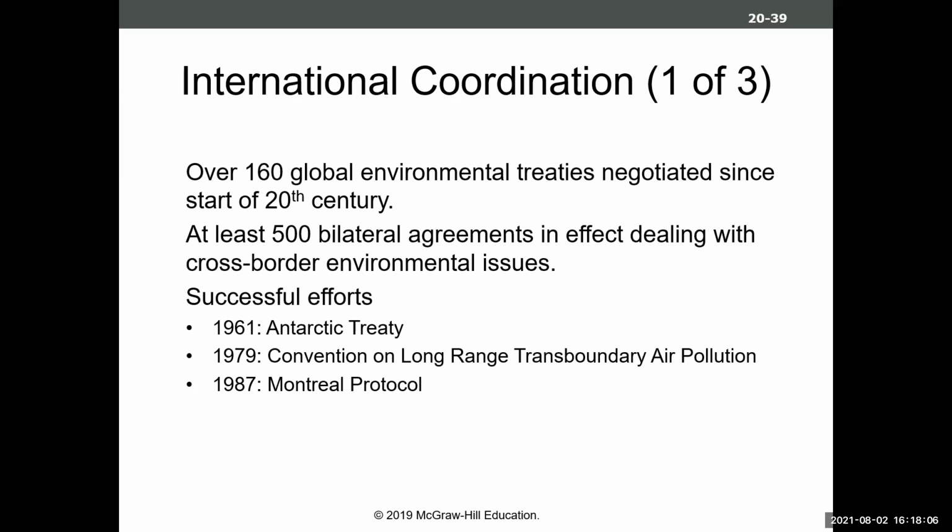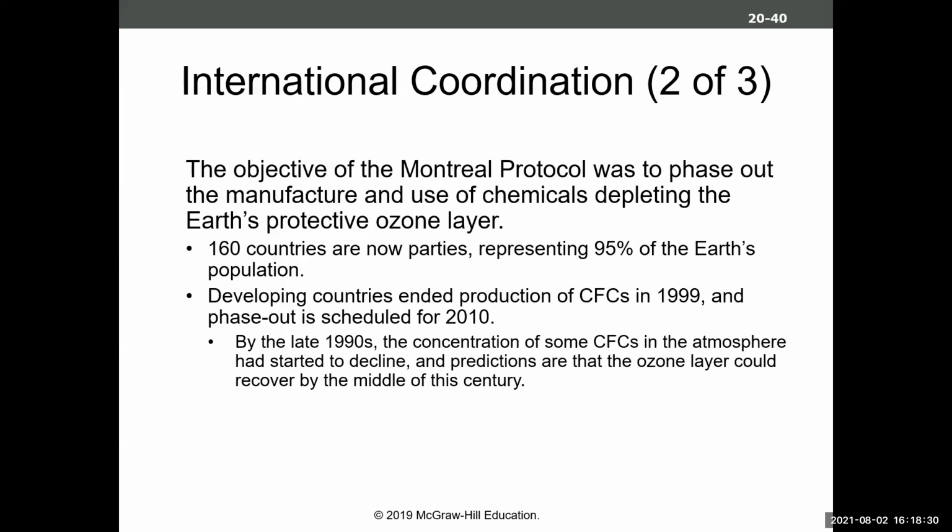There's been 160 environmental treaties since the start of the 20th century, 500 bilateral agreements dealing with cross-border, so international environmental issues. Some of those are the Montreal Protocol, which we've talked about, the Antarctic Treaty, and then the Transboundary Air Pollution Act that was put into place.